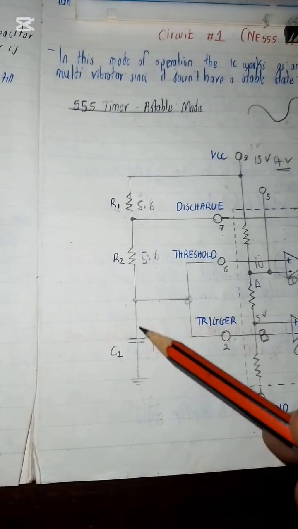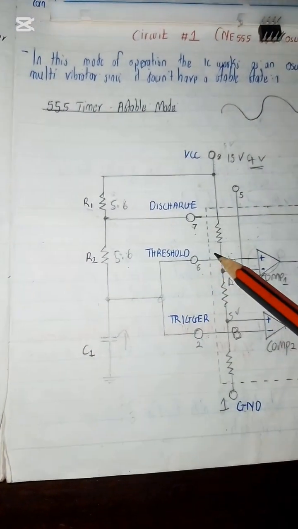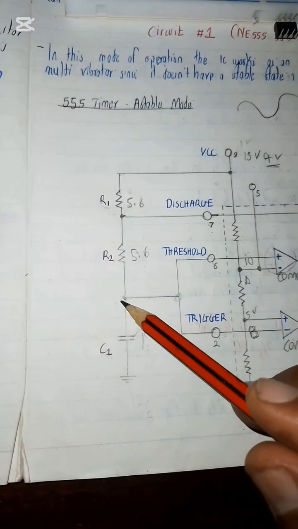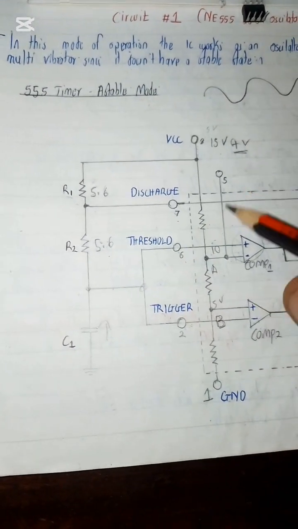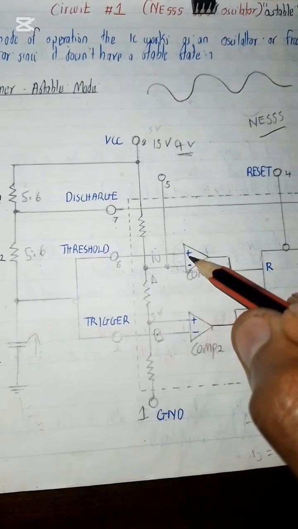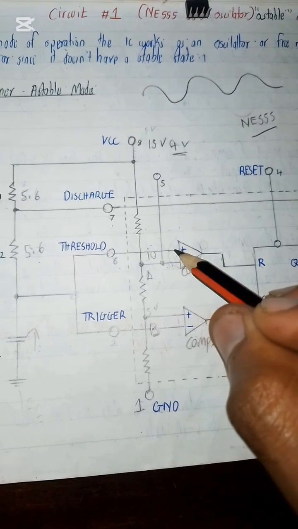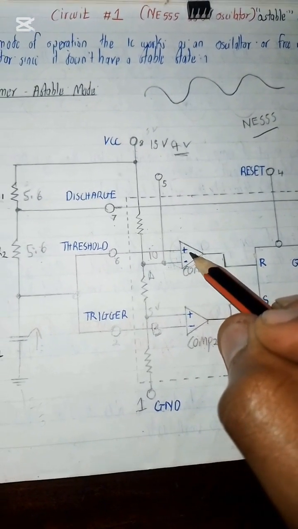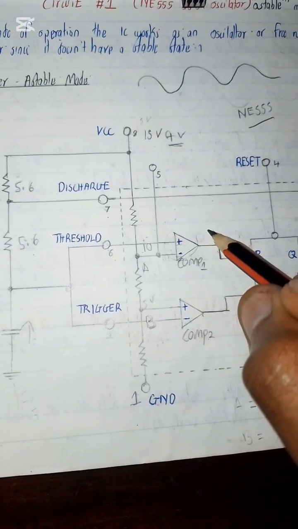Once it starts charging, it draws more current into it, meaning that at this point the signal will be low. That low will come at this comparator. How a comparator operates is that if the signal at the non-inverting input is greater than the inverting, then it's going to produce a 1 output.